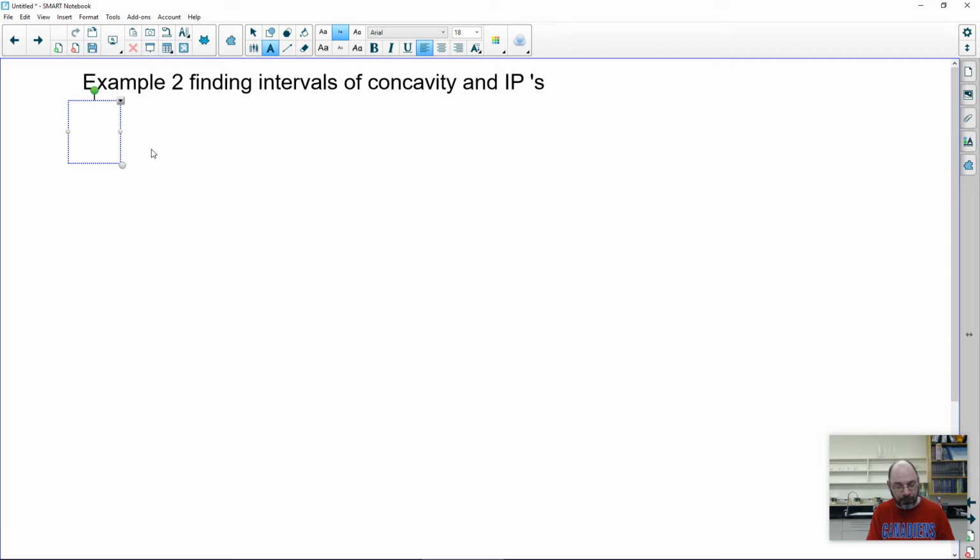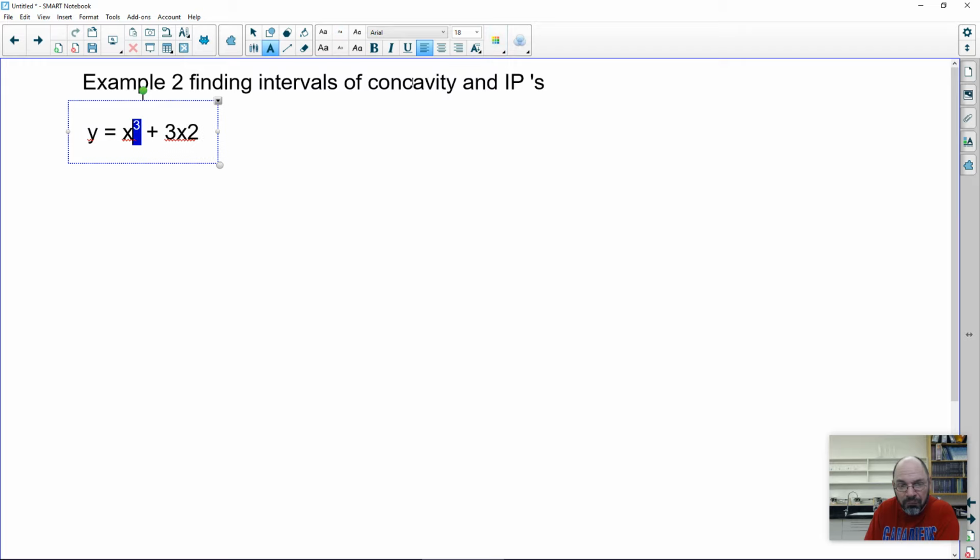Let's use the exact same one. y equals x cubed plus 3x squared. Okay, same curve.